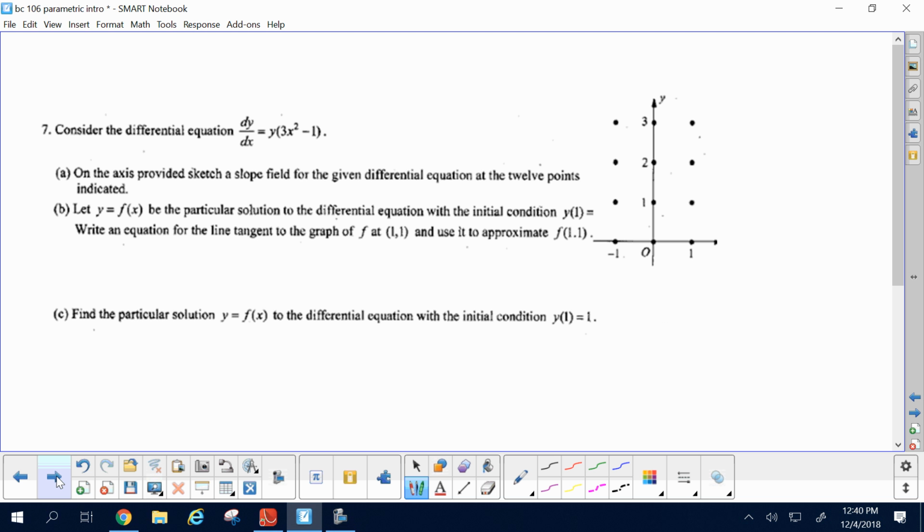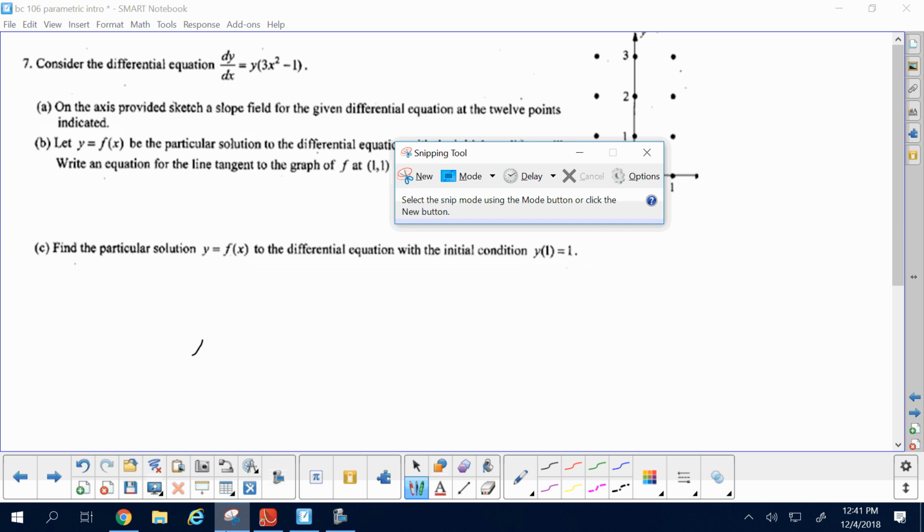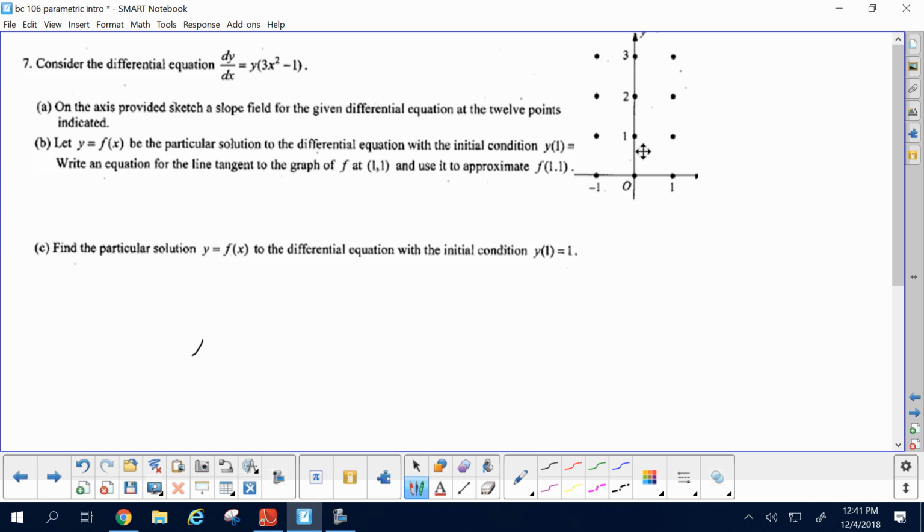All right. Okay, let's go to this bad boy. Did the slope field go okay? When y equals 0, the slopes are 0, so you should have 0 slopes there, yes? And then 1, here the slope would be 1 times 2, so 2, and then 1 times, sorry, 1 times -1, so that's -1 and 2, yeah?